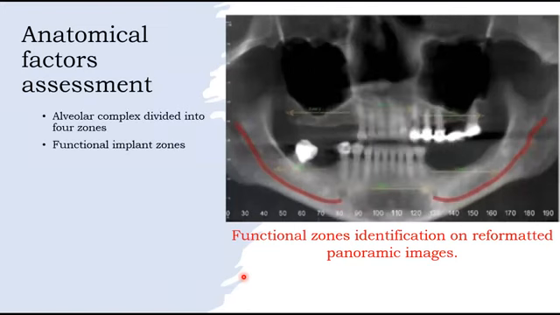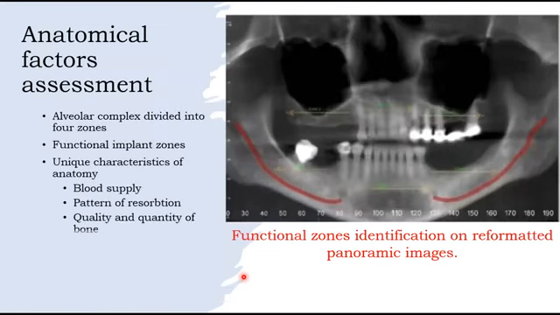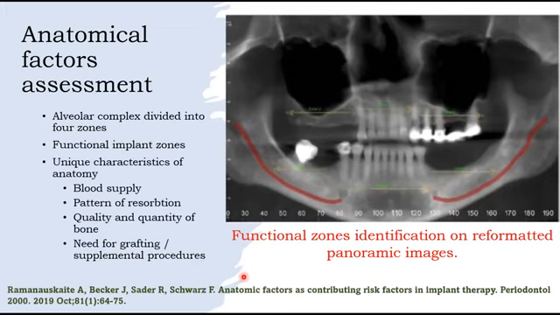Coming to the anatomical factors assessed by the CBCT imaging, according to Tolstunov, a diplomate of the American Board of Oral Implantology, the alveolar process can be divided into 4 regions, or the functional implant zones, as they are commonly referred to, with each region possessing unique characteristics of anatomy, blood supply, pattern of bone resorption, bone quality, and quantity.